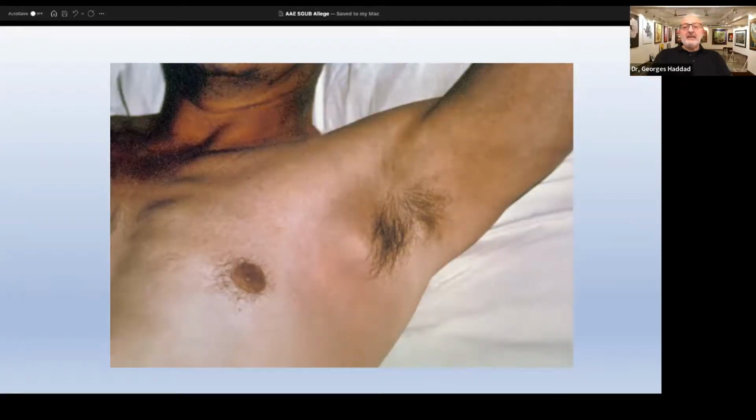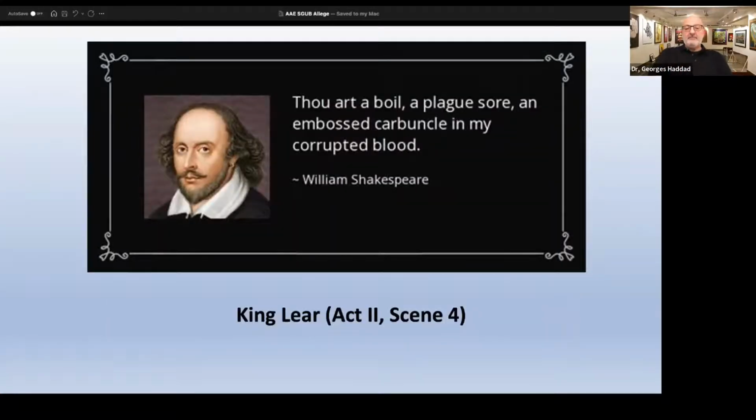In this plague, you have a bubo, which is like a tumor, either in the axilla, or in the inguinal area, or in the neck. And William Shakespeare in King Lear says, "Thou art a boil, a plague sore, an embossed carbuncle in my corrupted blood."